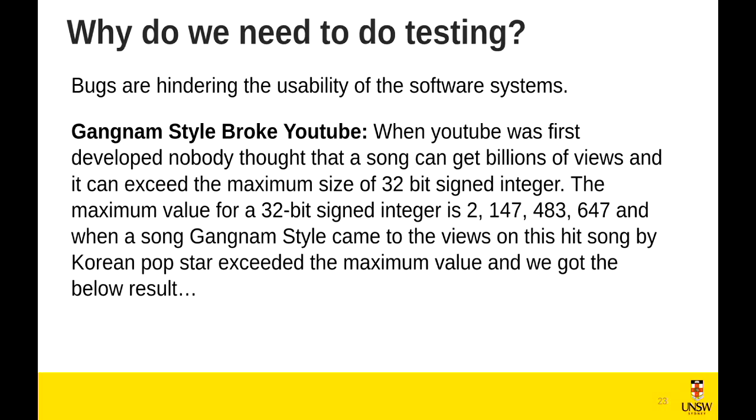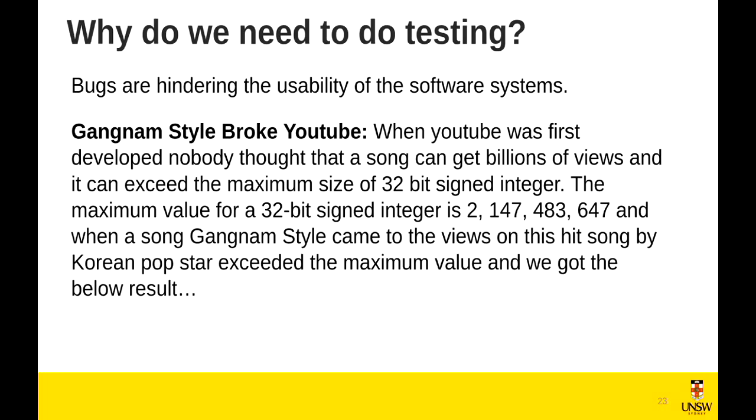When YouTube was first developed, nobody thought a song would get billions of views, and so there's a number to keep track of the number of views on every YouTube video. If you open YouTube, you can find there's such a field recording the number of views.